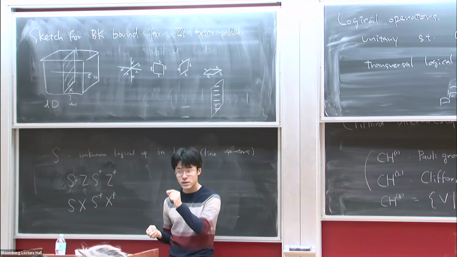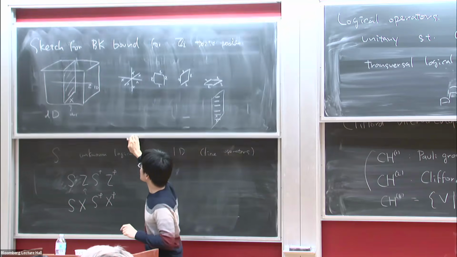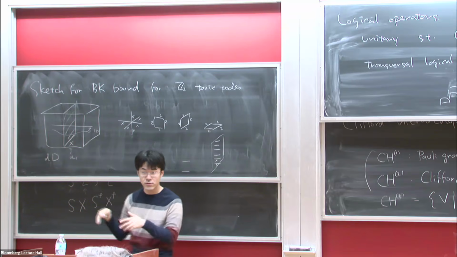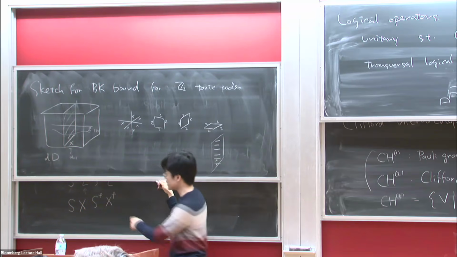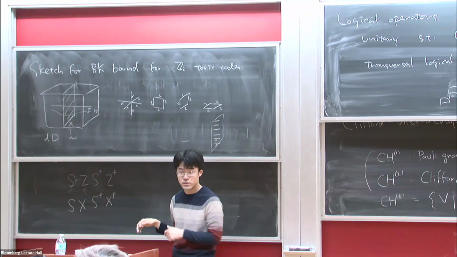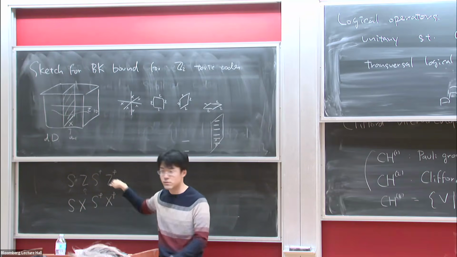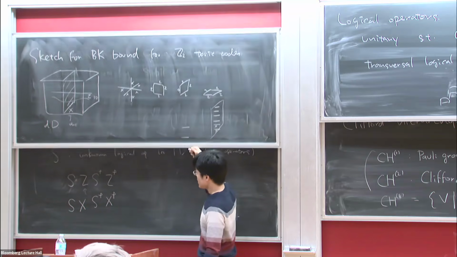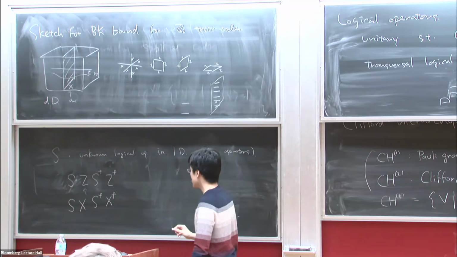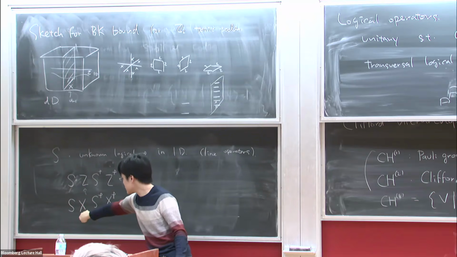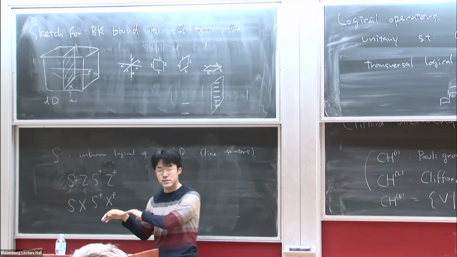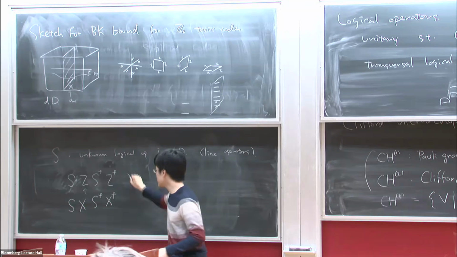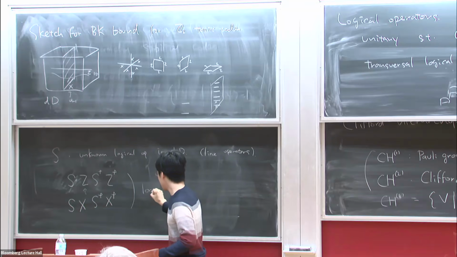So we can take a particular representative of the logical operators so that they don't have an intersection, and since this is topological, when we deform, the commutator shouldn't change. X is a more extended operator, so it could have some point-like intersections. But anyway, these guys must be local operators.